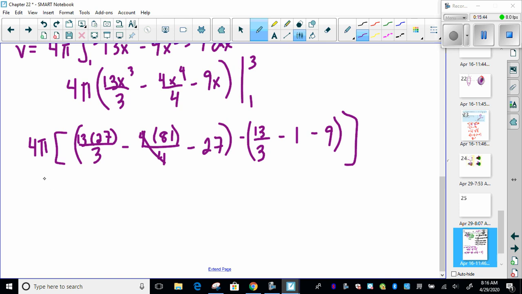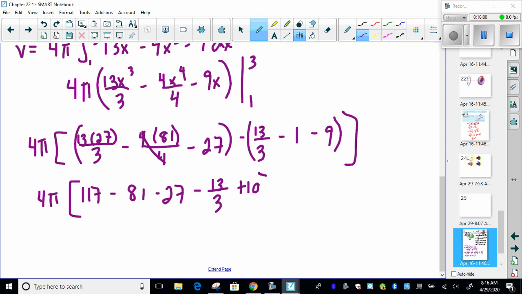That gives us 4 pi times, so this whole thing here is 117. That's 81 minus 27 minus 13 thirds. That's a minus 10, so minus that is a plus 10. Leaving the 4 pi out, all of this inside here simplifies to 14 and 2/3.